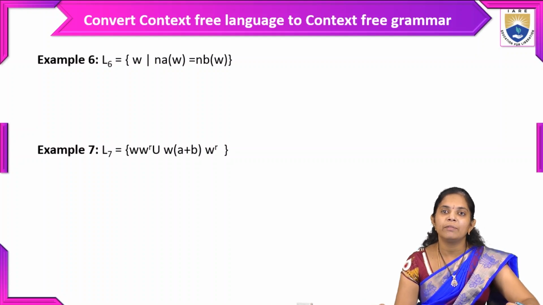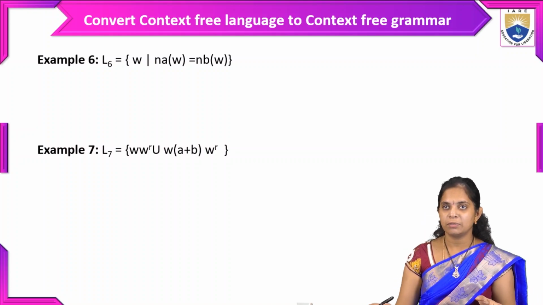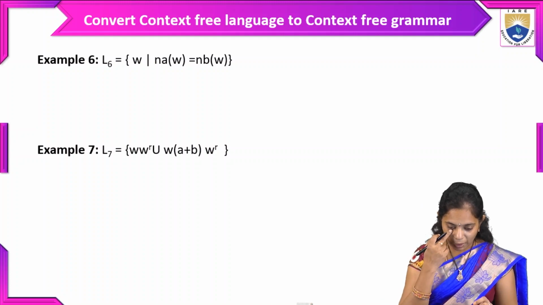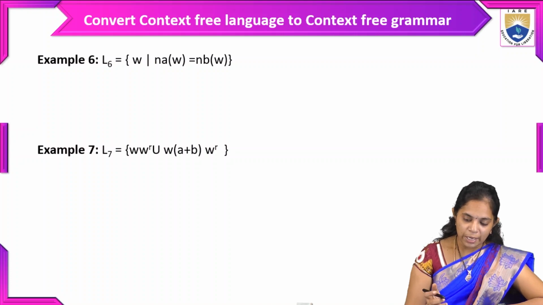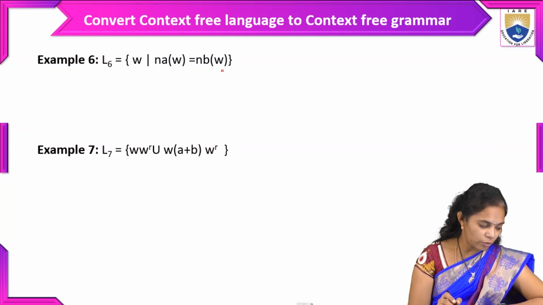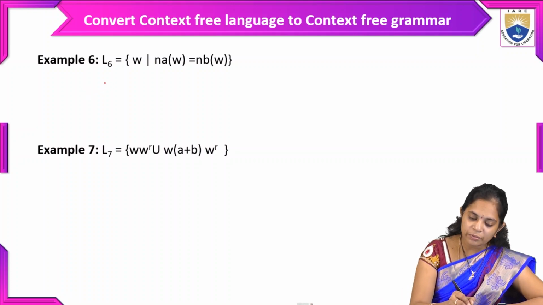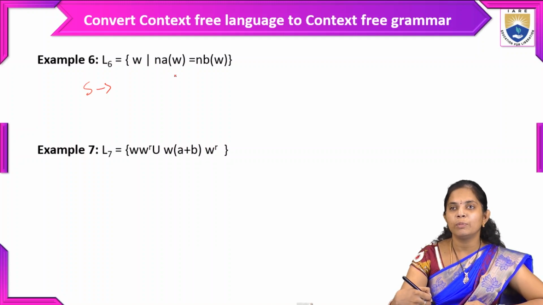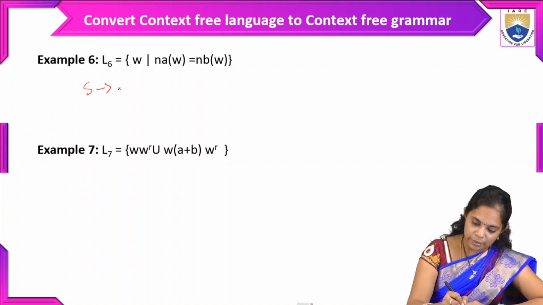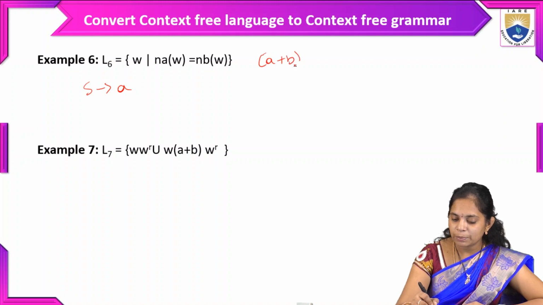So like that, we have to take one kind of language, and we'll see how we are going to construct the context-free grammar. So here, W is a combination of A power n and B power n, and for this kind of language we will write the language. Here the number of A's is equal to the number of B's, so in this one I will write the language as (A plus B) whole star.